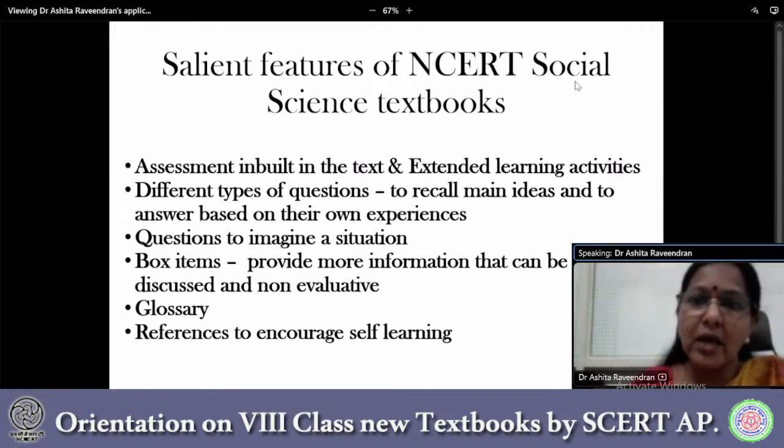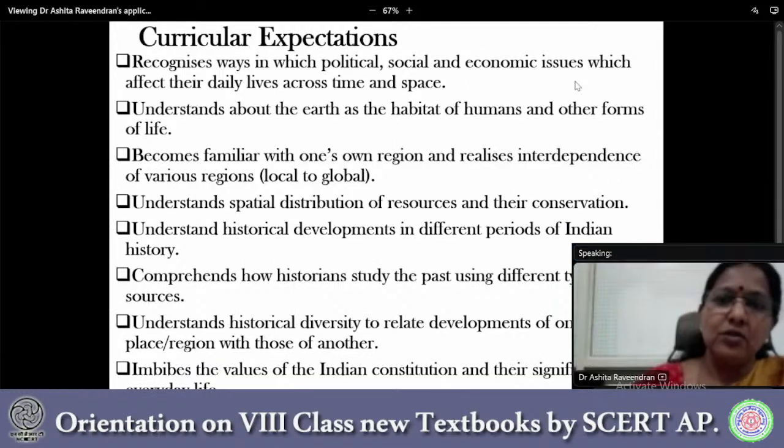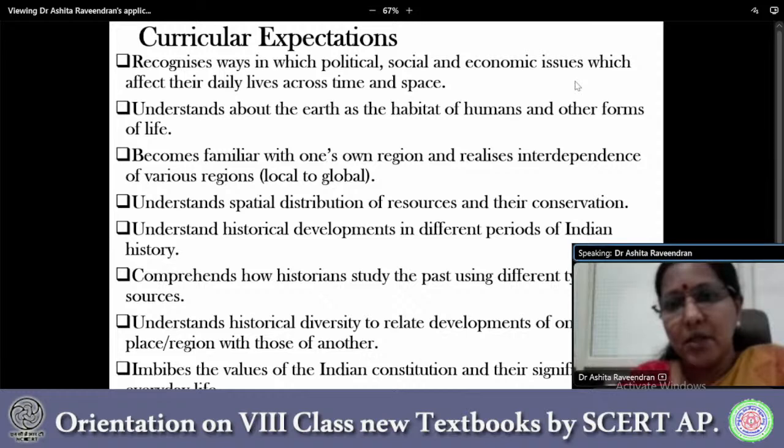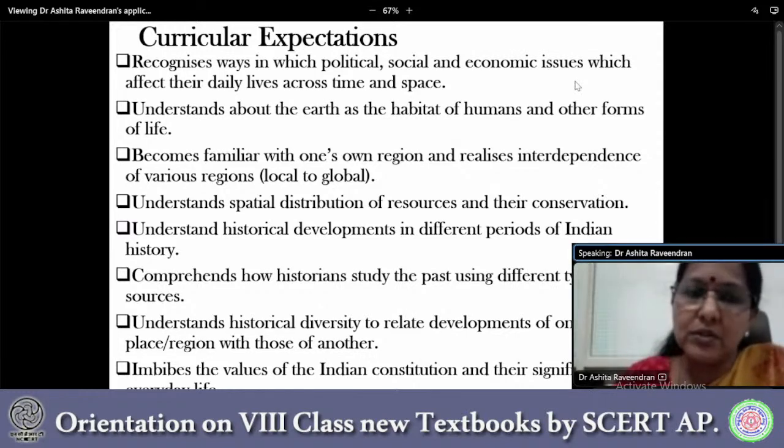Then we also have a glossary. There are certain terms which have been explained within the textbook itself, and at the end of the textbook there is a glossary given, and also there are references. This will encourage the self-learning of the learner as well as serve the use of the teachers. So these are the major general salient features which have been covered in our textbooks.